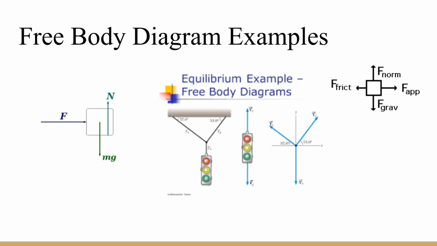So what I've shown here are some examples of free body diagrams. This one is probably someone pushing a box on a floor. So you have the force of gravity, mg.